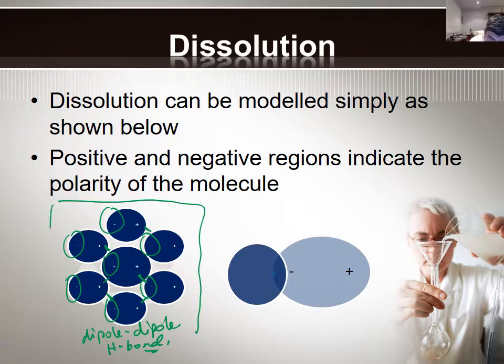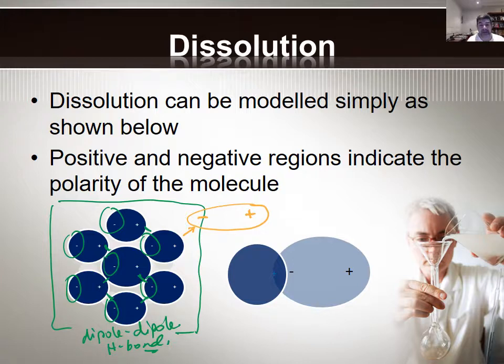And if I just close that in for a second, then we can possibly see what's going on. If I bring another molecule close, which also has a region of negative and positive charge, then we get this interaction.